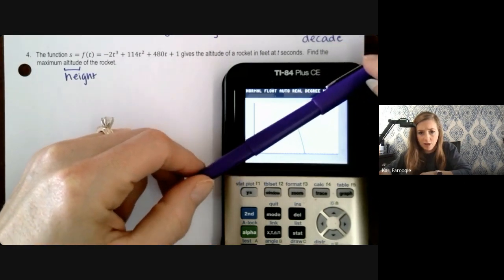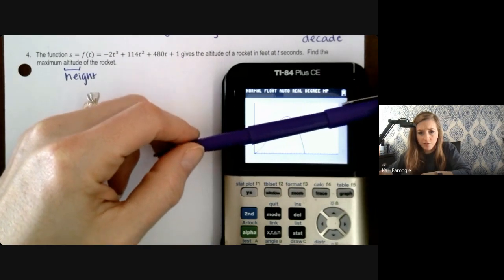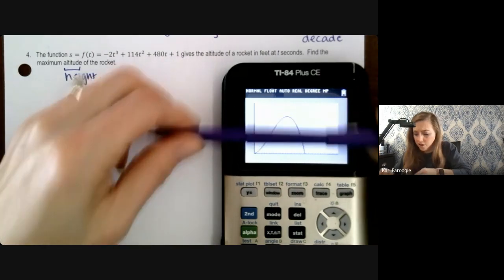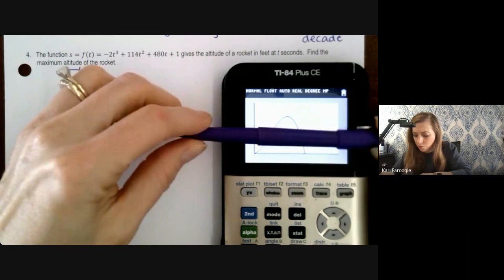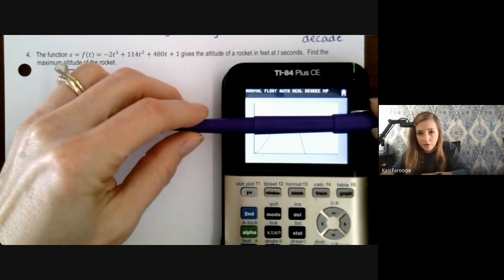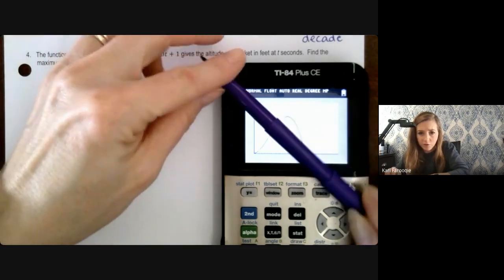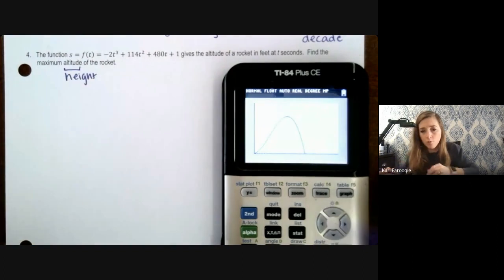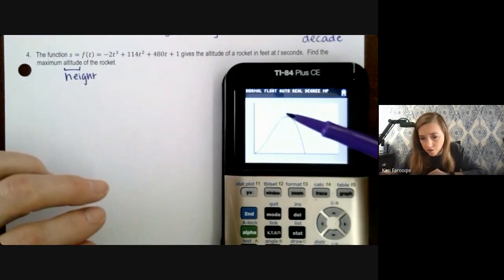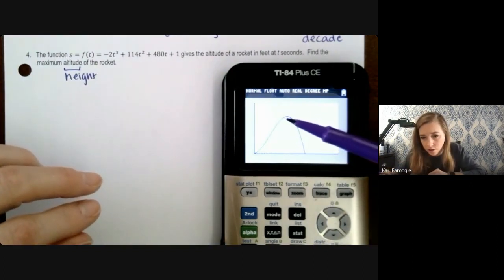But as you get to the top where you have this maximum altitude, suddenly your tangent lines become horizontal at the top. And then as you move your way back down the hill, your tangent lines start to go negative because your graph is heading downward. What we're looking for is this exact point in time where the slope of the tangent line is 0.